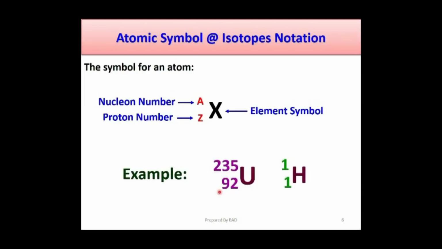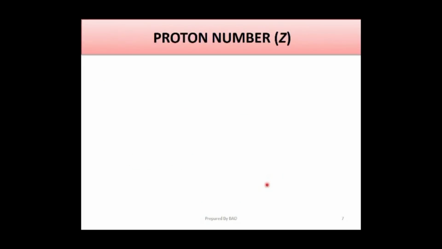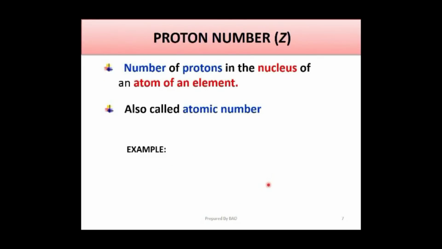So for example, uranium 235. 235 means the number of nucleons, the sum of protons and neutrons, and 92 is the proton number.